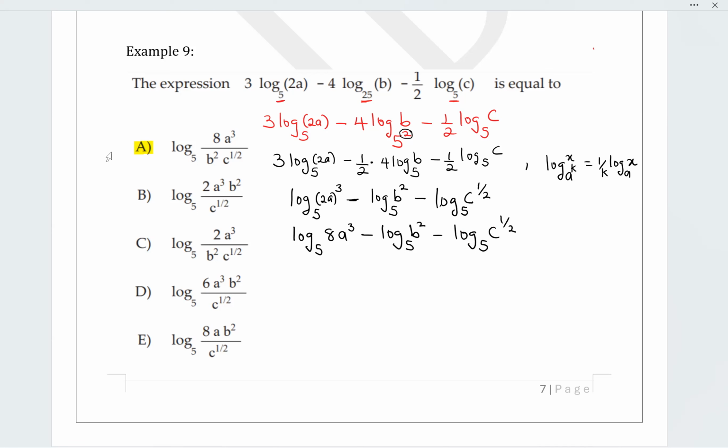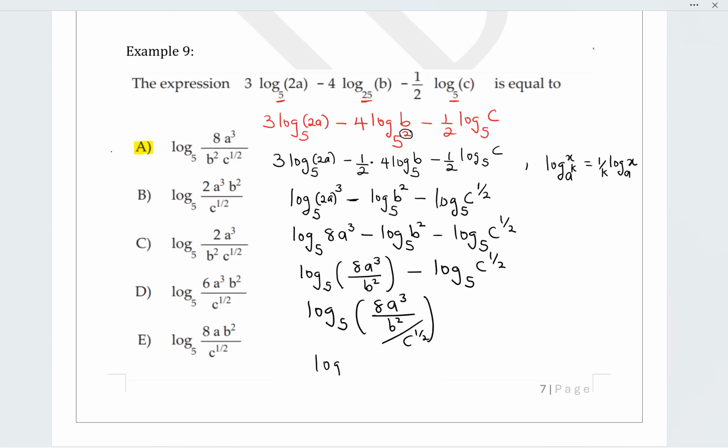And here what can happen is that this will become log to base 5 of a division, just 8a cubed divided by b squared. Then minus again log 5 c half, and we change subtraction again to division. So this is finally log 5 of 8a cubed over b squared over c half.